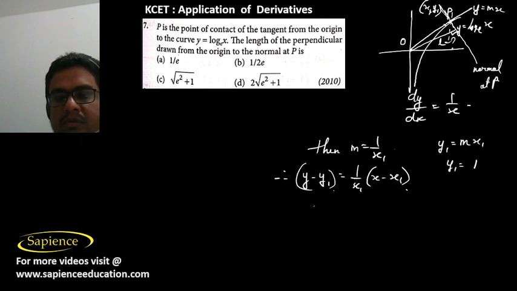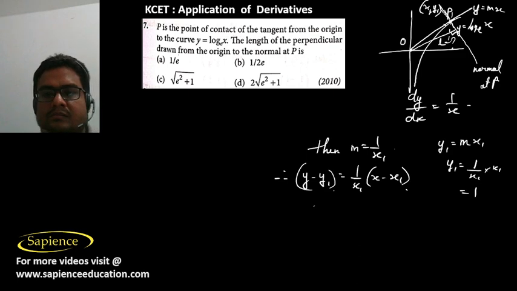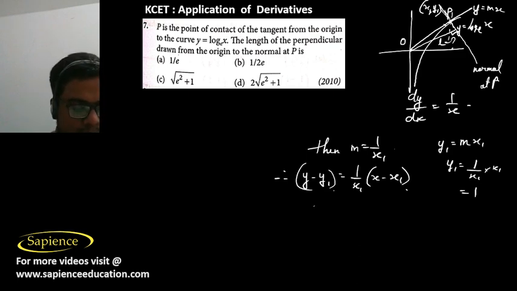Y1 should be equal to 1. 1 by x1 into x should be 1. This is x1 comma, it is 1. This passes through 0 comma 0 also.